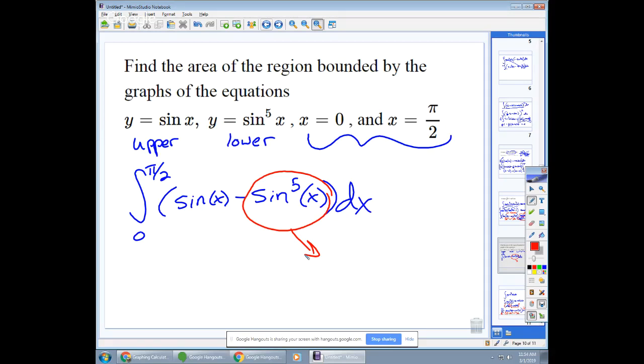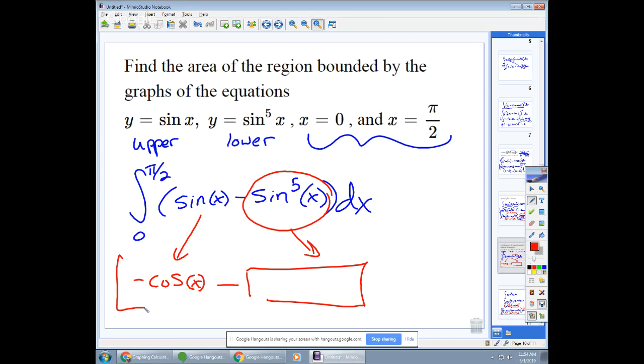We had to break that out because we couldn't do it easily. So the antiderivative for the sine is negative cosine. That's from this right here. And then we're going to have minus whatever we calculated on the previous page. And then we're going to evaluate that from 0 to pi over 2.